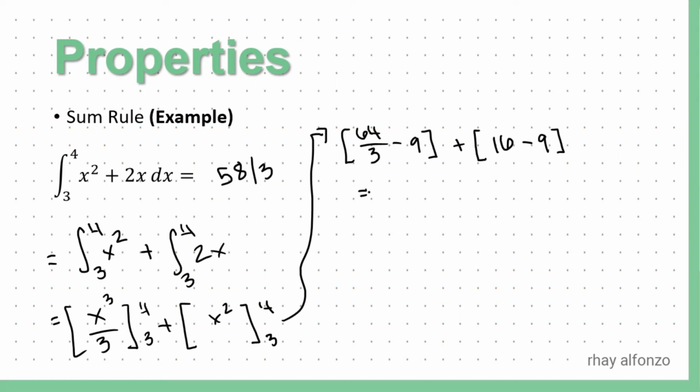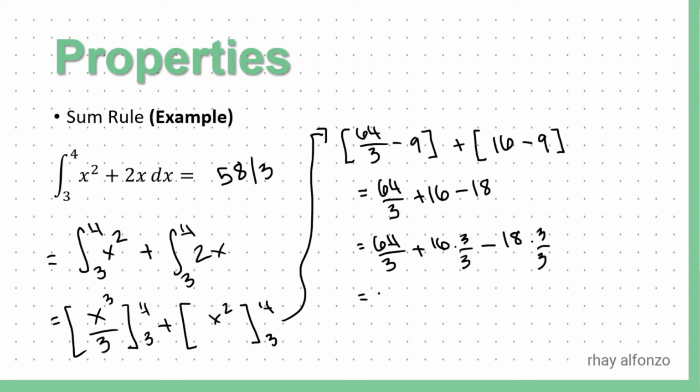Simplifying this gives us 64 divided by 3 plus 16 minus 18. So multiplying everything by 3, we have 64 divided by 3 plus 16 times 3 over 3 minus 18 times 3 over 3. So we have 64 divided by 3 plus 48 divided by 3 minus 54 divided by 3.